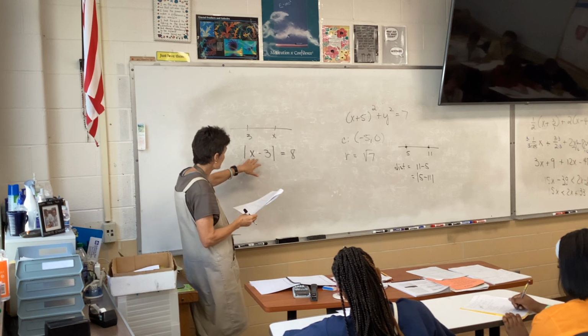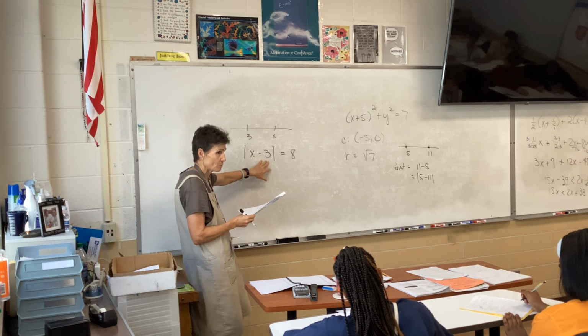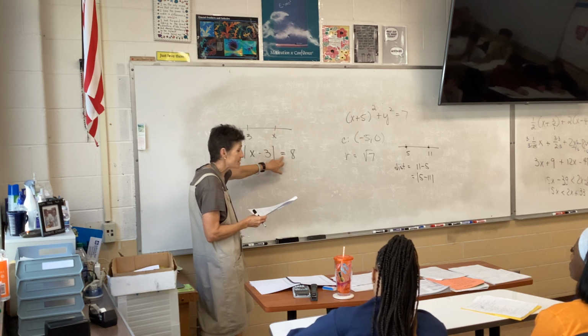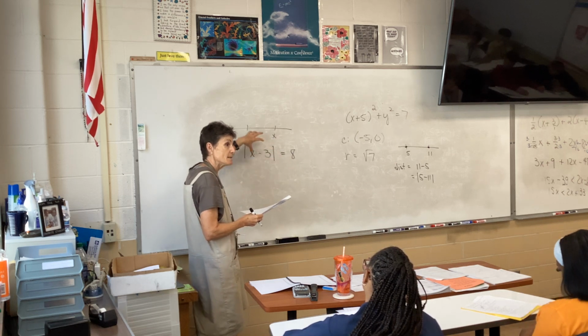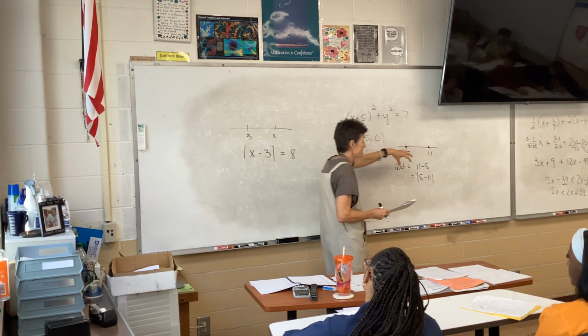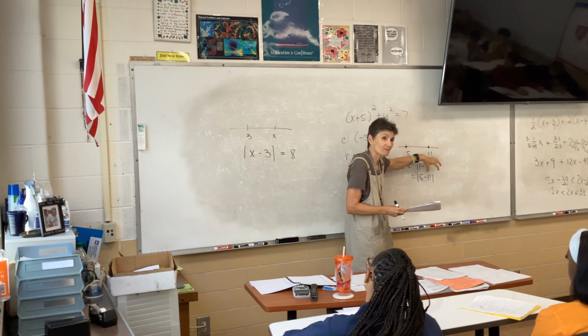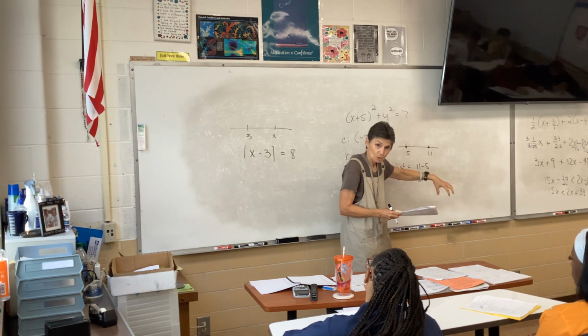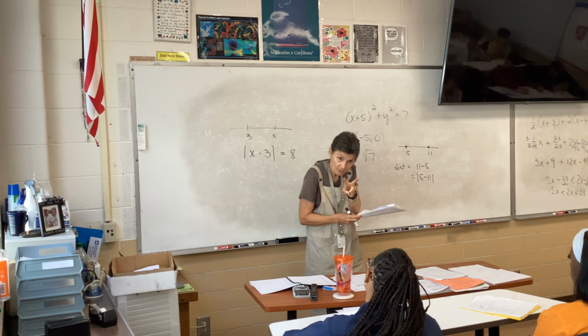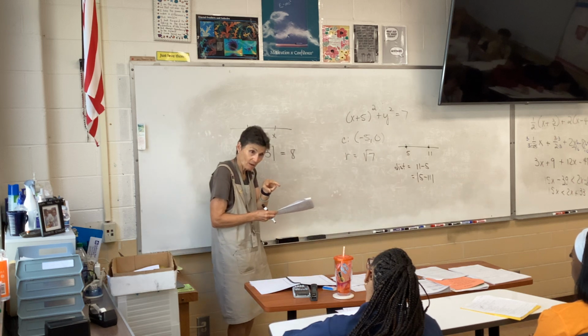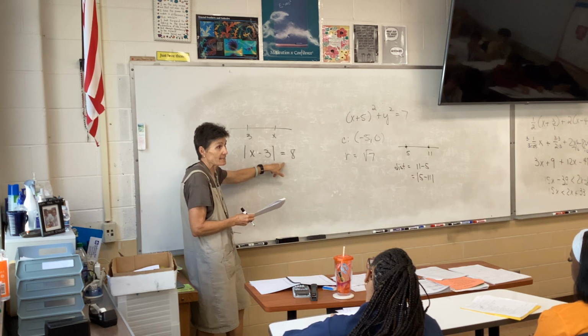The distance between x and 3 is 8. Distance is the absolute value of the difference. So you're going to subtract your two numbers, put them in absolute value, and in this case, that distance is 8.